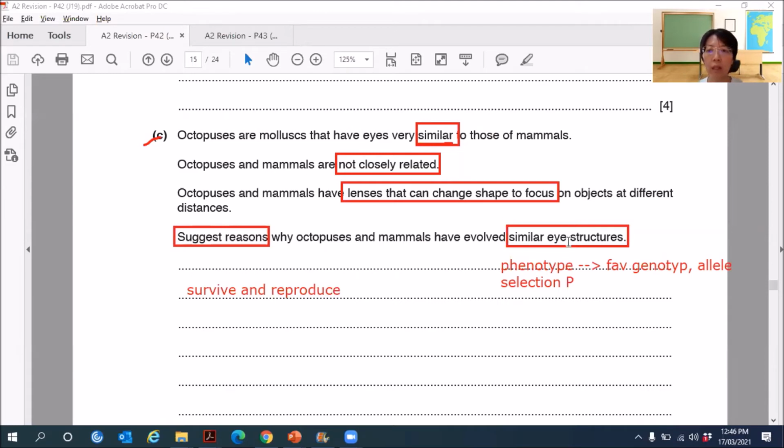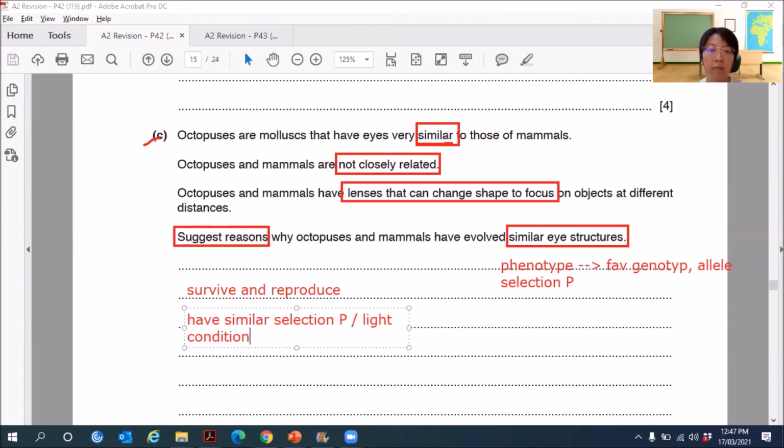Based on the basic knowledge you have learned from the theory, you just have to write from your theory, and you will get the full marks, okay? So why have they evolved to have similar structure? Because they have similar selection pressure, right? Or what is the selection pressure you want to talk about?